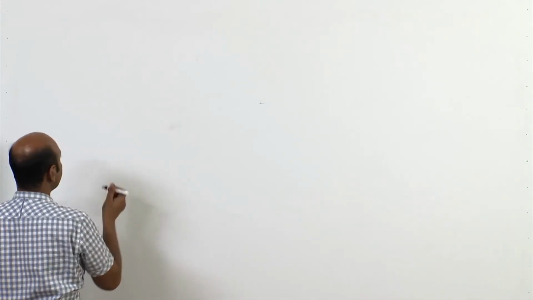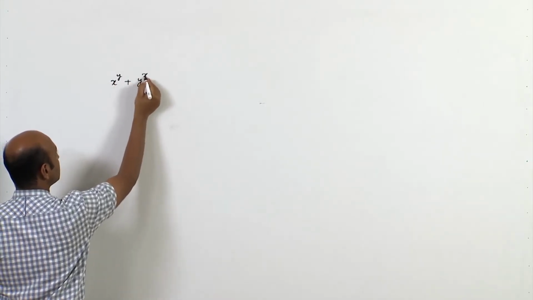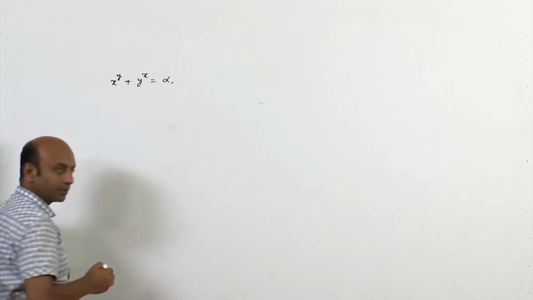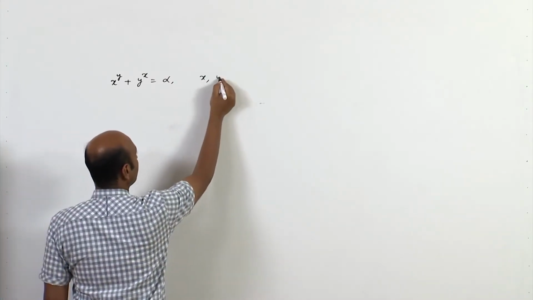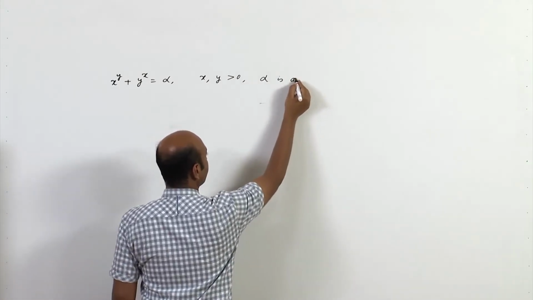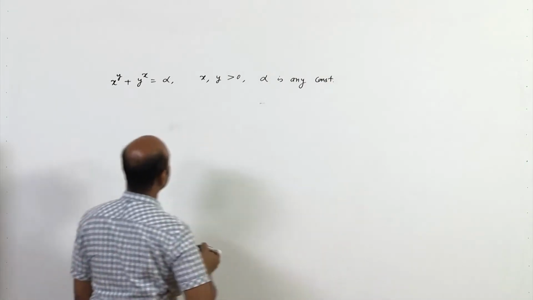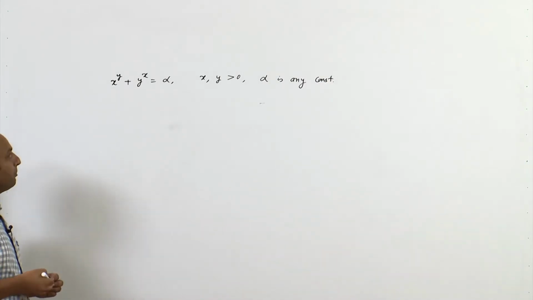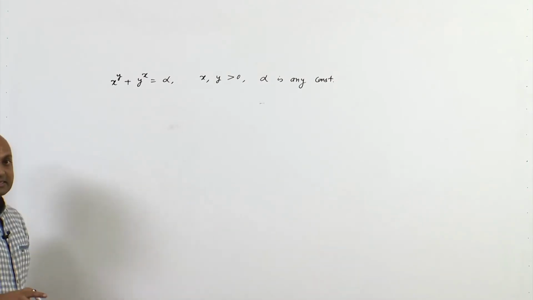Suppose x raised to power y plus y raised to power x is equal to alpha, where x and y are greater than 0 and alpha is any constant. We want to compute dy by dx for this equation. How can we do that?